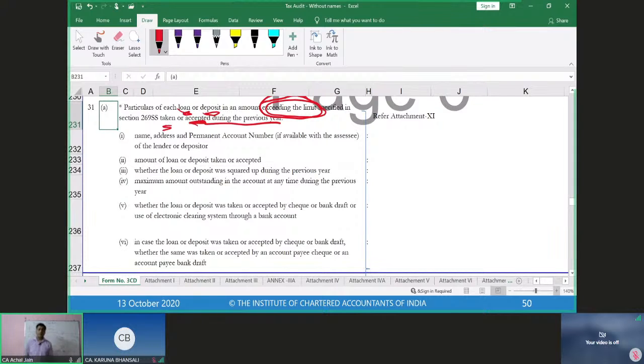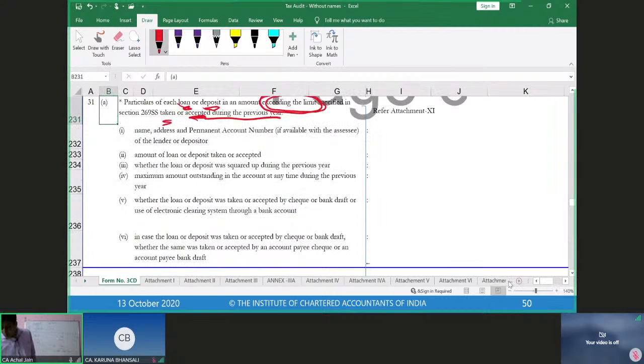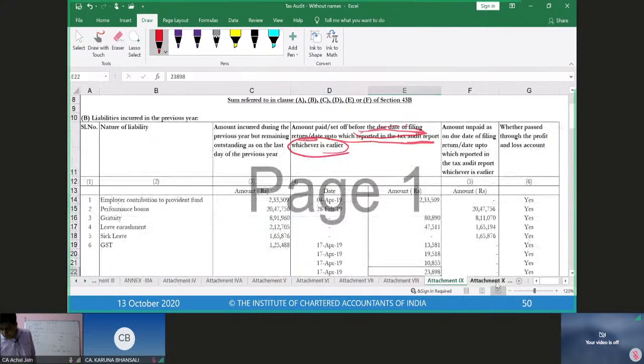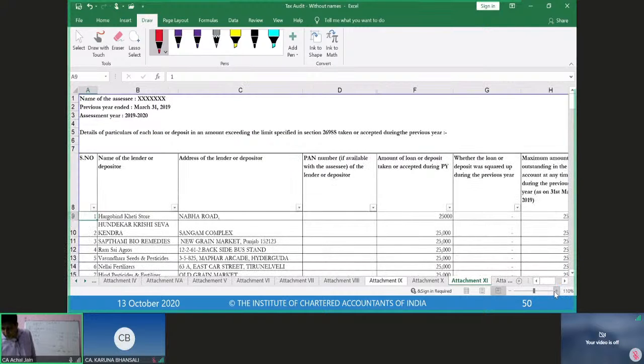So these are the particulars which are required to be furnished in relation to this 31A. And for this 31A, let us first of all go to attachment number 11. Let's see how these are reported over there, because when we see this, we'll get some more clarity.